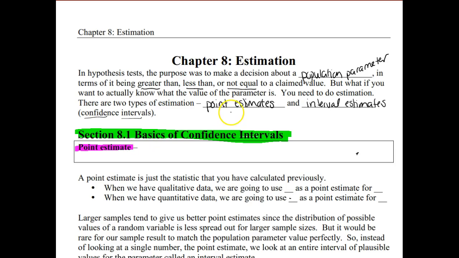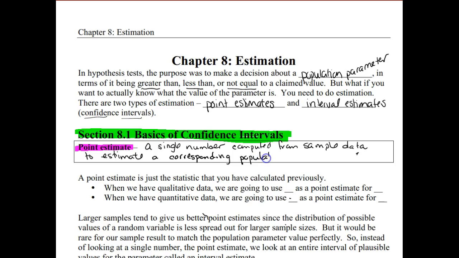So starting with the first word that was up here, a point estimate. A point estimate is just a single number computed from sample data to estimate a corresponding population parameter.